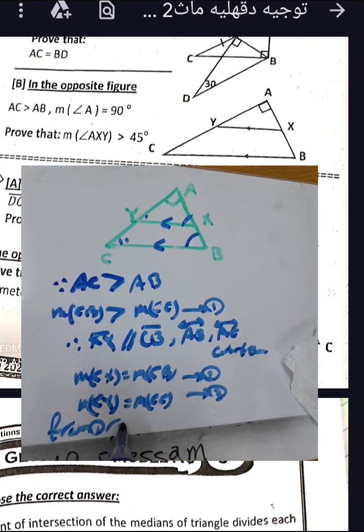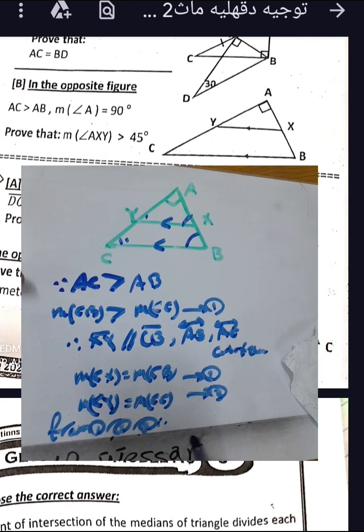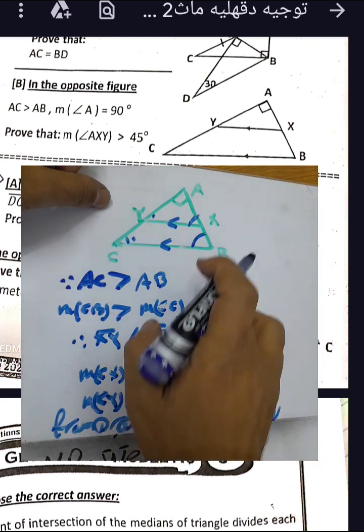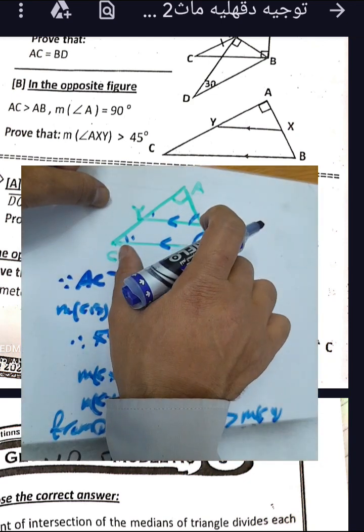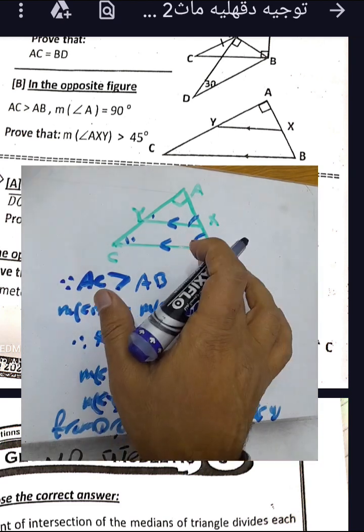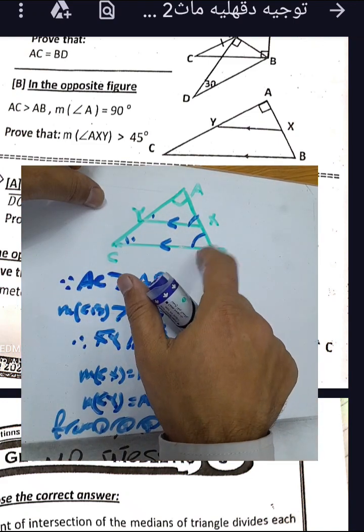We can prove that measure of angle X will be greater than measure of angle Y, and we know measure of angle A equals 90 degrees, then measure of angle B plus measure of angle C equals 90, but B is not equal to C, but B greater than C, then B will be greater than 45.